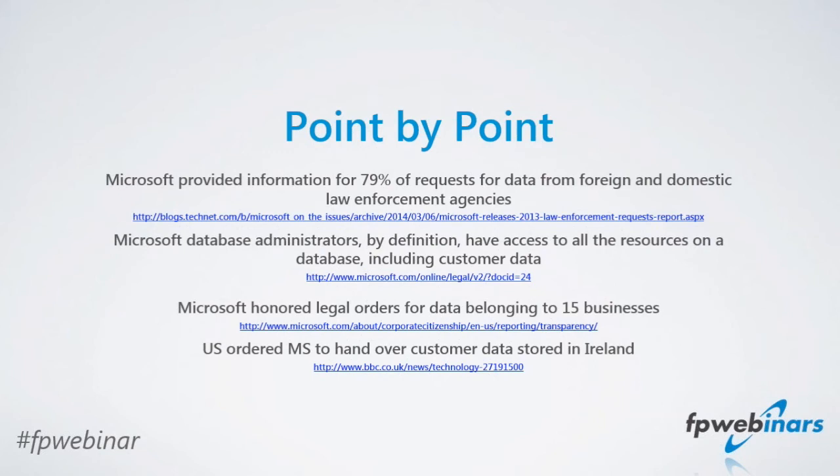So if you remember some of the things on the marketing slide, Microsoft says they don't give unfettered access to governments. Well, it's true they don't, but they do provide information 79% of the time. So it's not 100, which would be unfettered, but it's not 0, which is kind of what they're trying to imply from a marketing standpoint. They also said they don't have any backdoors. We don't need them because there's a swath of Microsoft employees that have access to all your information.